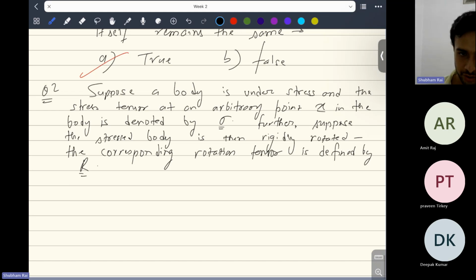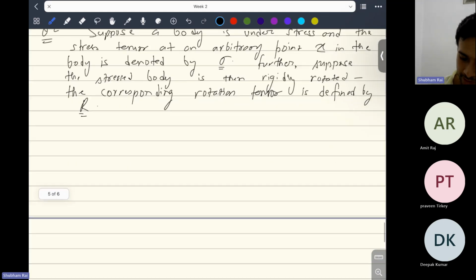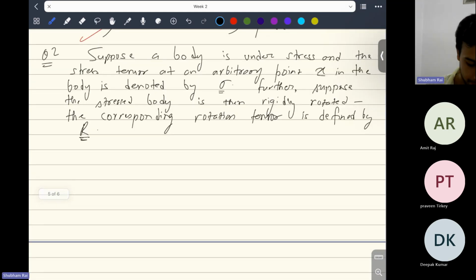In the rigid rotation, there will not be any deformation. Okay. There will not be any further deformation.